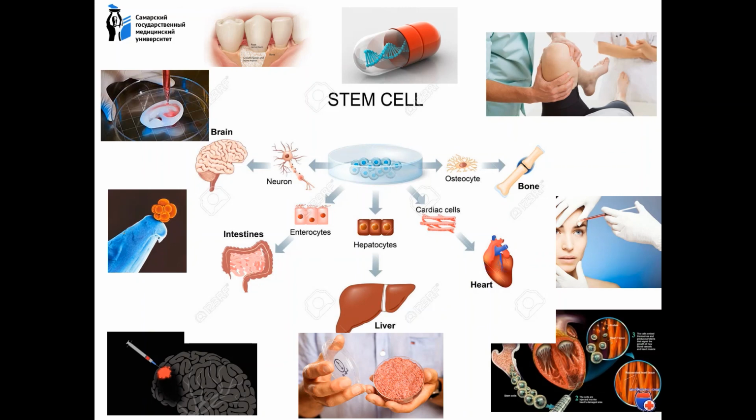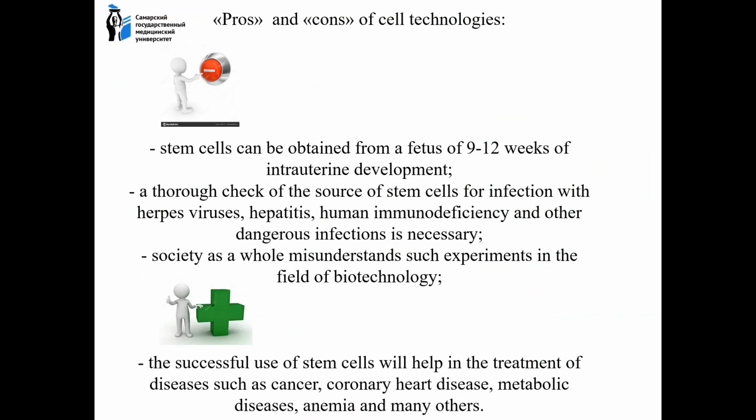Thus, despite the ambiguity of the opinion of specialists regarding stem cells, great hopes are pinned on their use. But there are pros and cons of cell technologies. Cons: stem cells can be obtained from a fetus of 9 to 12 weeks of intrauterine development.